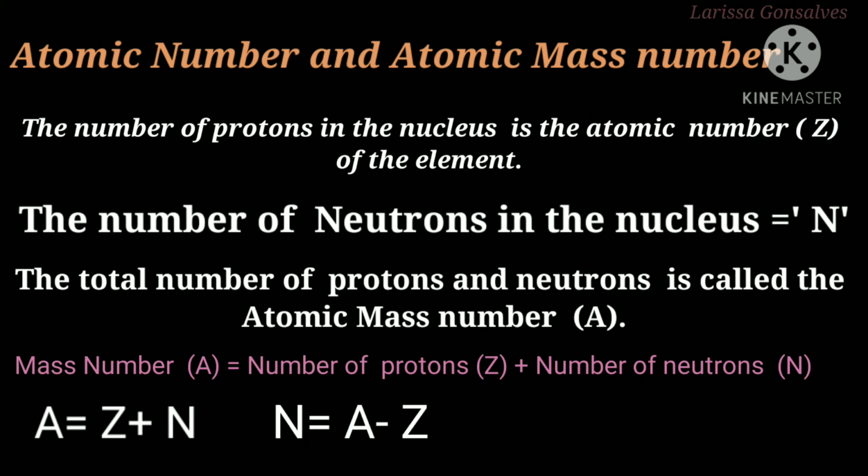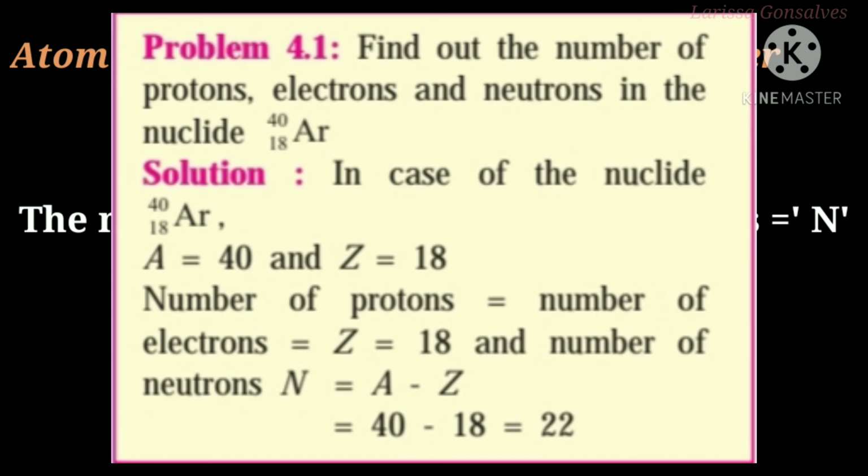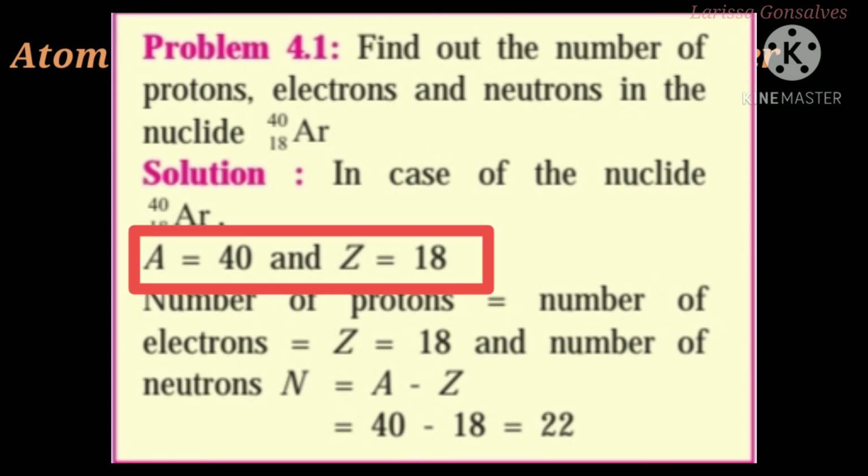Let us understand how to calculate the number of protons, electrons and neutrons in a nuclide of argon. Here, the mass number, A, is equal to 40 and Z, that is the number of protons, is equal to 18. So here we need to calculate the number of neutrons.